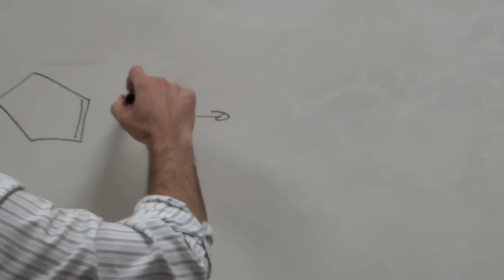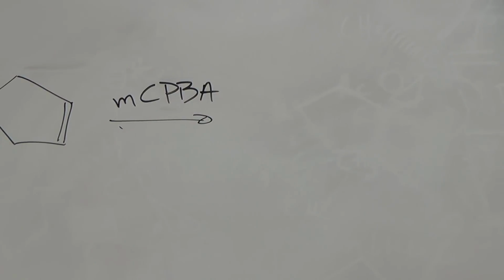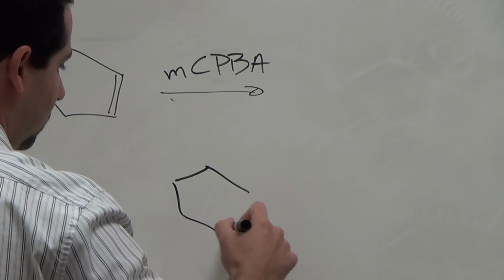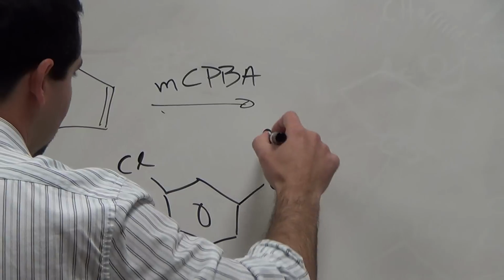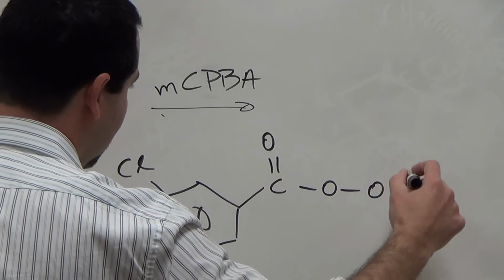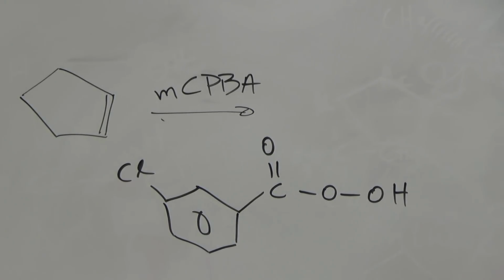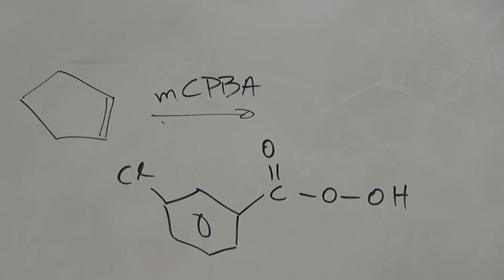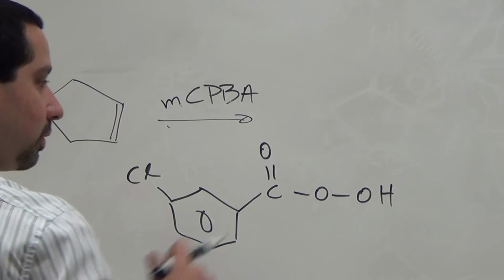You have a double bond, and you treat this double bond with metachloroperoxybenzoic acid, MCPBA. It's a peroxy acid. That's why it says peroxide.